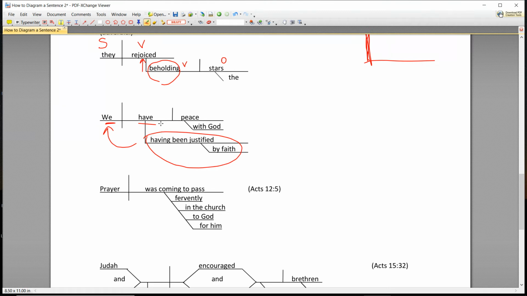So we have peace. So subject, verb, direct object. We have peace. Peace with whom? With God. This is a prepositional phrase, right? And then we have this participle.